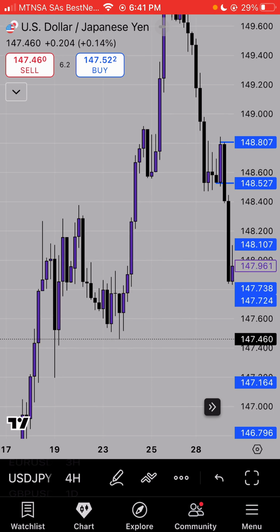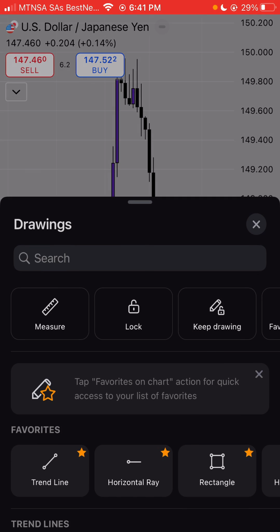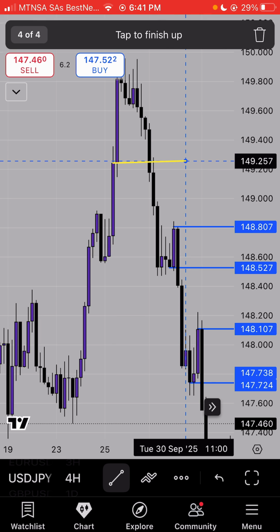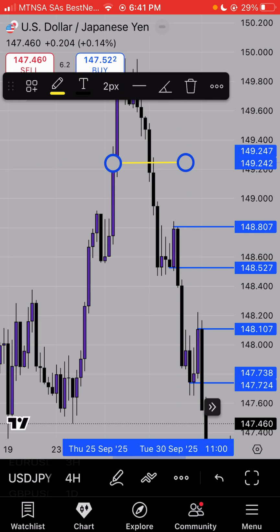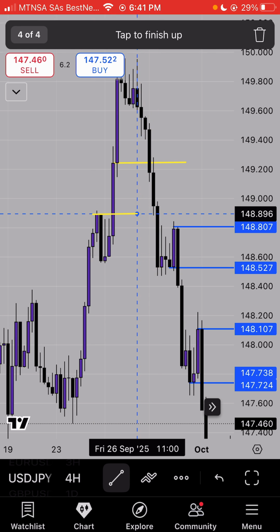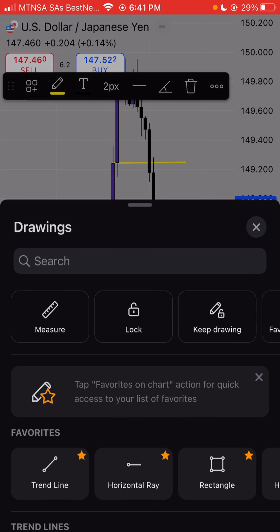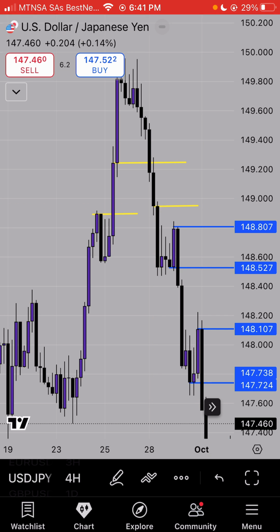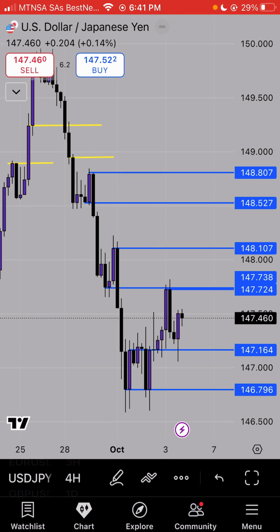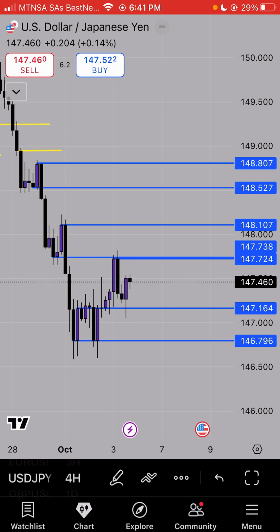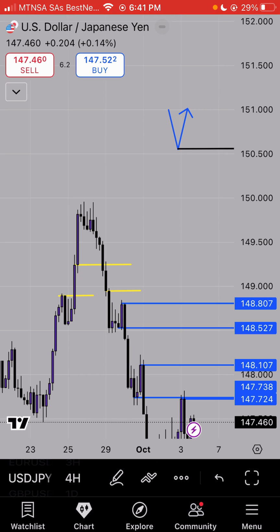This is how it looks. Open close, boom, simple. Here you have an A shape, boom, simple. Here you have open close, boom, simple. That is how it is. It's as simple as that. So your homework is to identify these MSNR key levels.